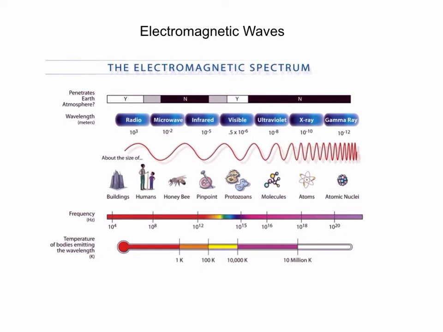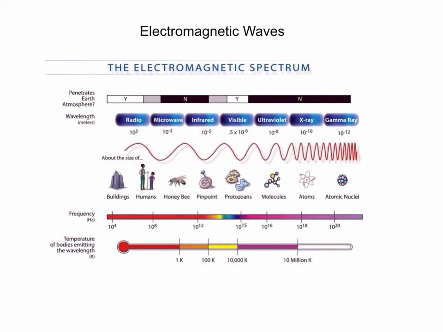A little bit higher in energy, we have the visible spectrum of waves, and as can be seen in this diagram of the electromagnetic spectrum, these waves are a very narrow range out of the entire spectrum, but these are the waves that we can detect using our eyes. The reason why we can't see the lower energy and the higher energy waves around the visible spectrum is that the molecules in our eyes are not sensitive to those energies of waves.